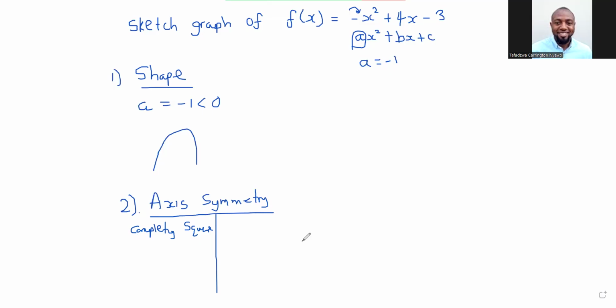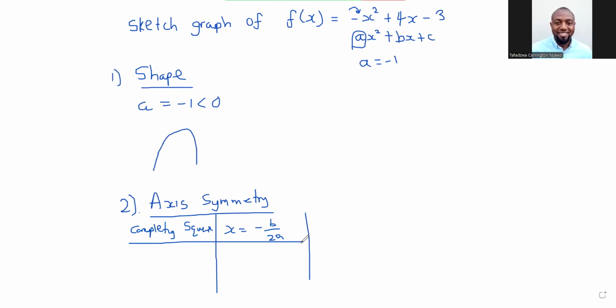Or I can use this other method of x is equal to minus b over 2a. There's also another method that we can use, if we want to.